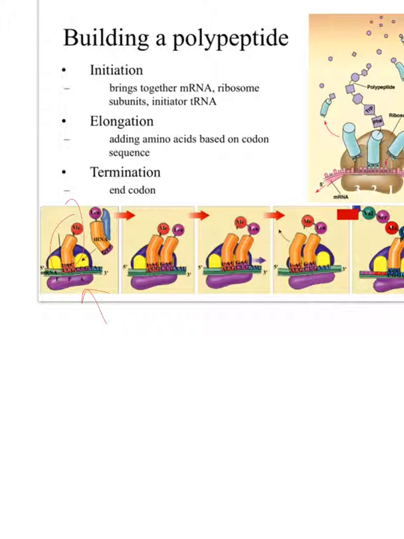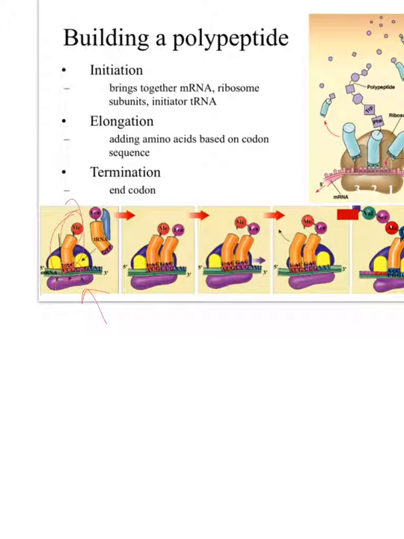It's always going to start at AUG. I don't know if you can see that on there, but it says AUG, and the anticodon says UAC. Notice that there is an amino acid, MET, attached to the tRNA.